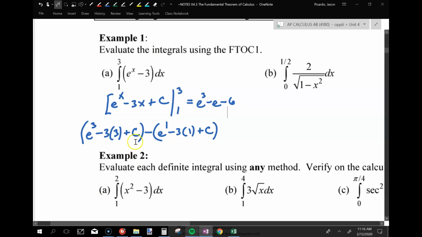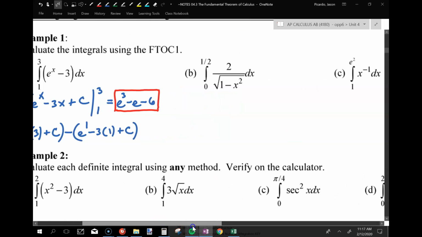And Austin, what happens to the c's? They go away, right? So do we see why putting the c there doesn't really matter? It's always going to go away, isn't it? Yeah. So we don't really need that with a definite integral. And so this would be my value. All right, so no problem there, right?